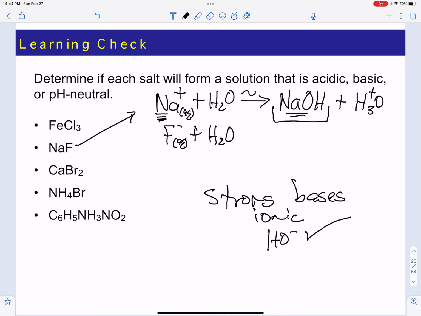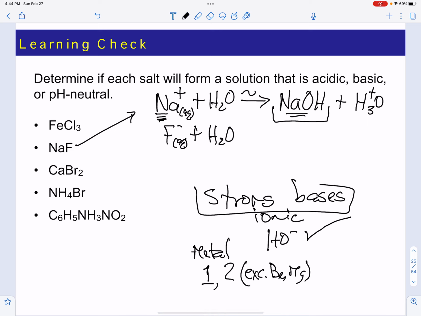And third, the metal has to be from group 1, the alkali metals, or group 2, the alkaline earth metals, except beryllium and magnesium. So sodium hydroxide, lithium hydroxide, potassium hydroxide, rubidium hydroxide, calcium hydroxide, all of those are going to be strong bases.